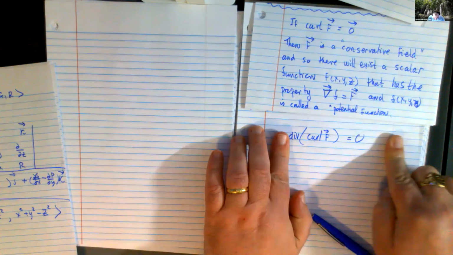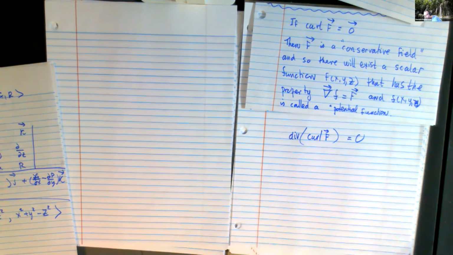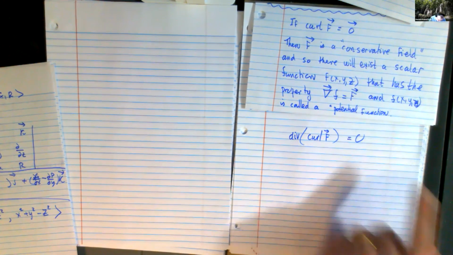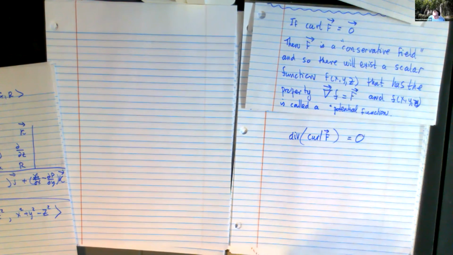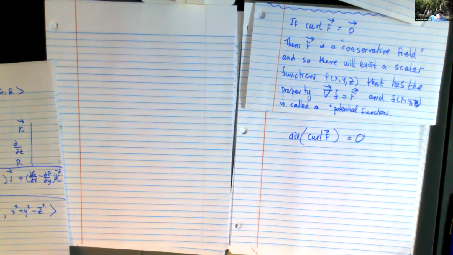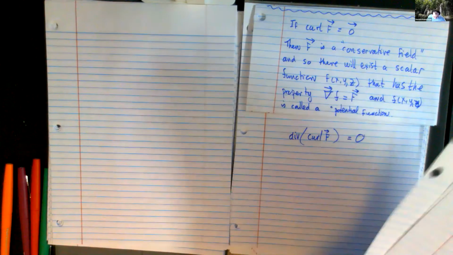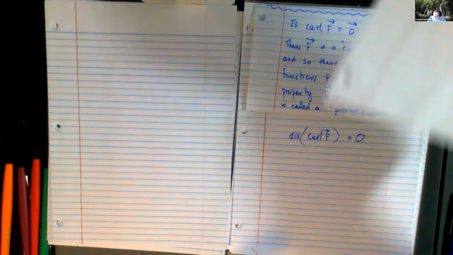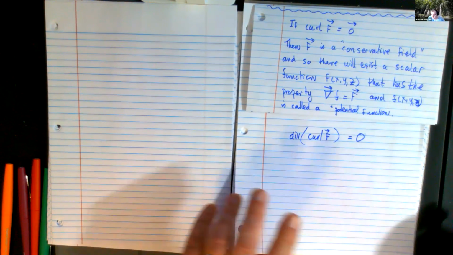Of course it would be 0. But this is true even if F is not conservative. It just needs to be well behaved. So if you found a function and you did this and it wasn't the number 0, you would be saying, I do not like this vector field. It is misbehaving. I should be very, very careful when I do any computations using it. Because if it's not well behaved, then weird things can happen. And we don't like misbehaving functions, do we? We like ones that do what they should do.